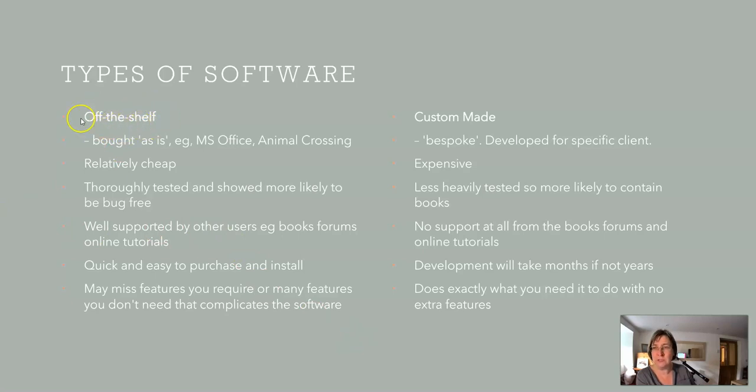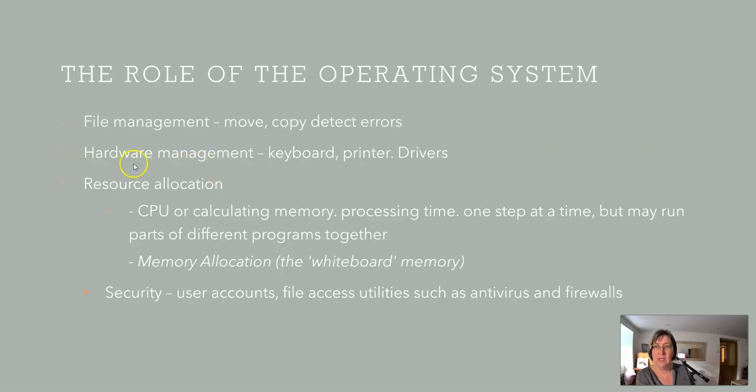Microsoft Windows and Linux are both off-the-shelf software. You buy or you download Linux, or you buy Microsoft Windows, along with thousands and thousands, millions of other users, and you buy it as is. So file management, you can copy files, you can move files.